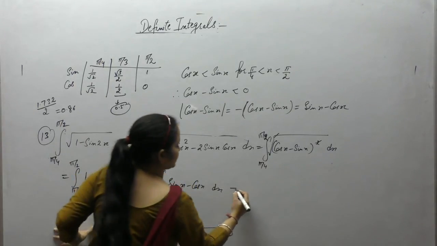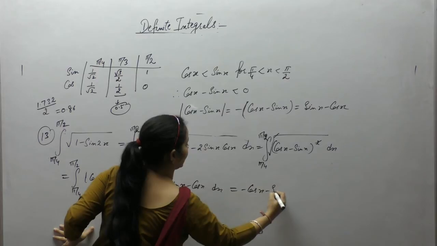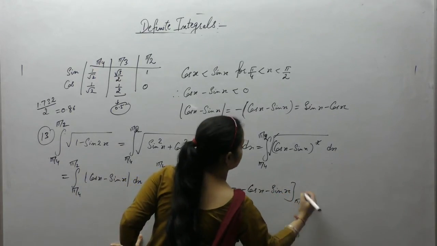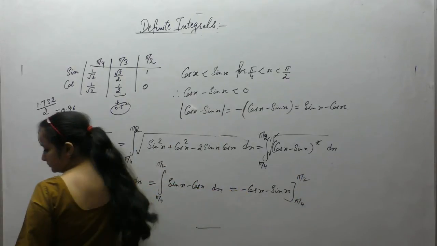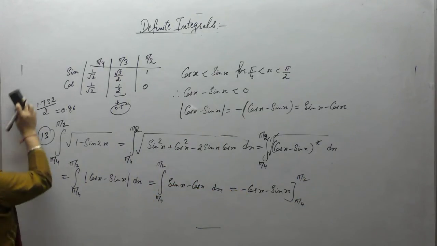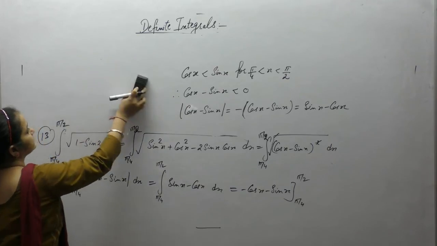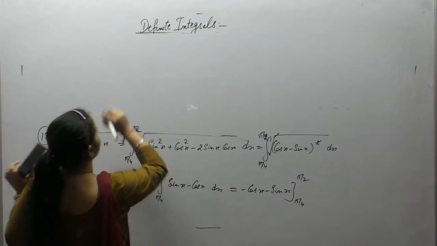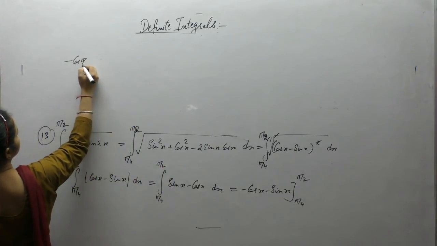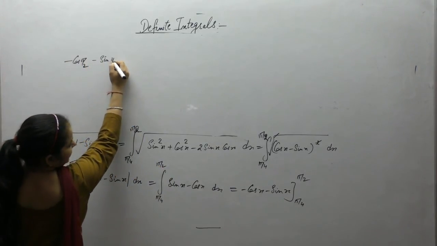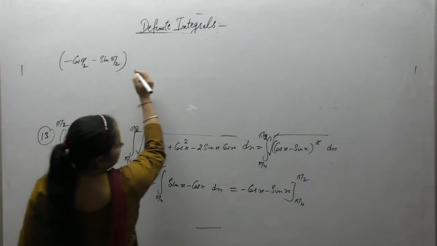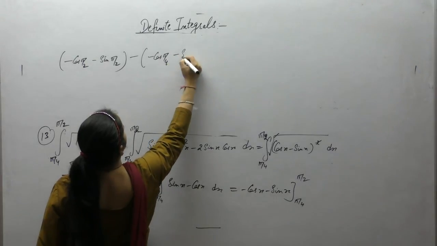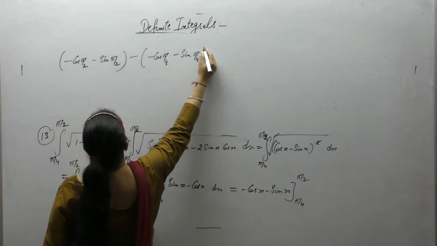Now the integral of sin is minus cos and the integral of cos is sin. The limit goes from pi by 4 to pi by 2. Minus cos 90 degrees minus sin pi by 2, minus the upper limit terms, cos pi by 4 minus sin pi by 4.